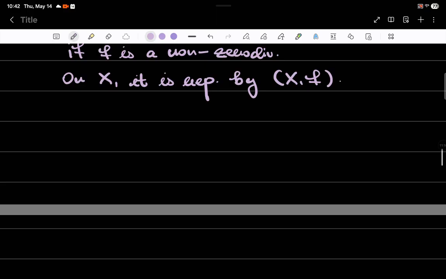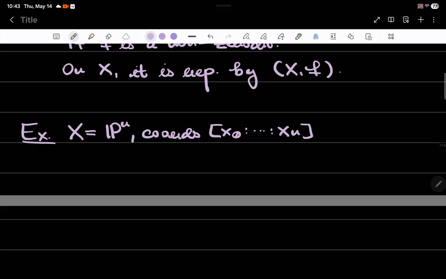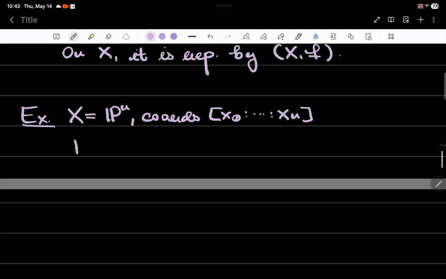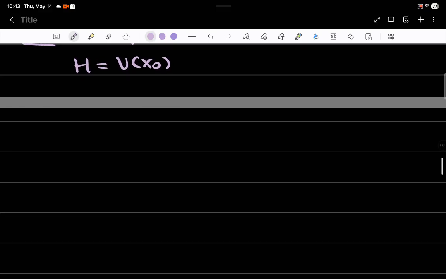Okay, now I can take another example, this time projective. So I'll take X to be n-dimensional projective space with homogeneous coordinates x_0 through x_n, and I'll take H to be the vanishing of the first homogeneous coordinate, the hyperplane x_0 equals 0.